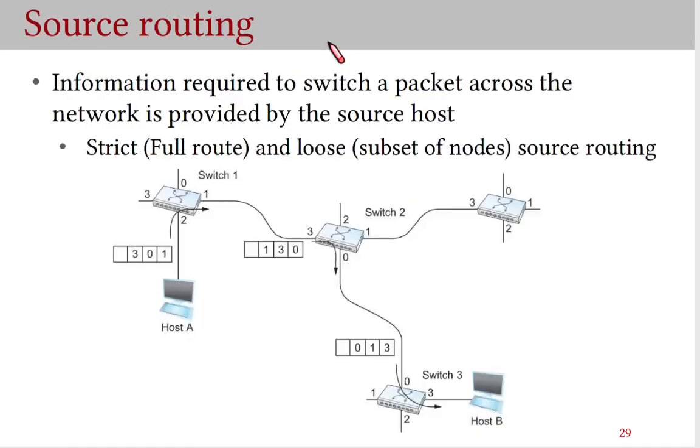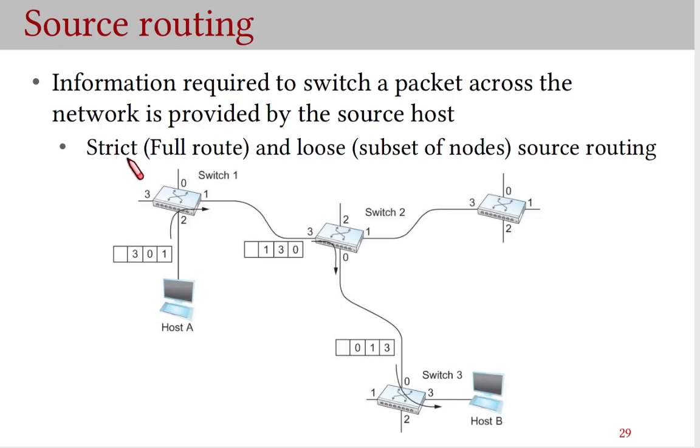The third switching approach that we are going to discuss is called source routing. In source routing, the information that is required to switch a packet is provided by the source host, and that's why the name, source routing. And there are two kinds of source routing.